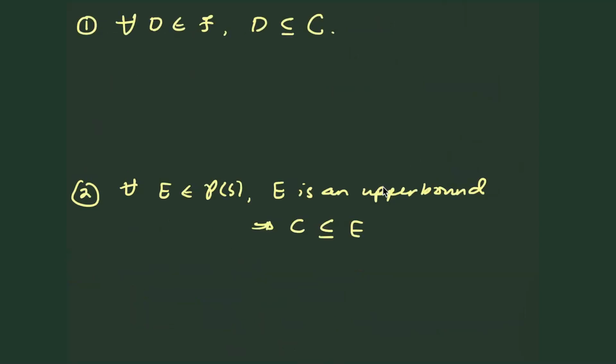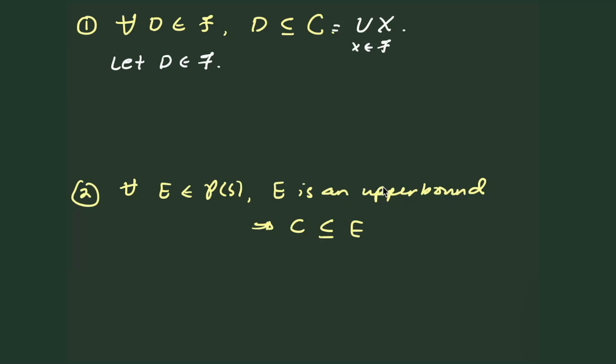Okay, let's prove the first one. So we have, for all D in F, let D be an element of F. We want to show that D is a subset of C. Again, what is our C? Our C is the union of all the sets, correct?